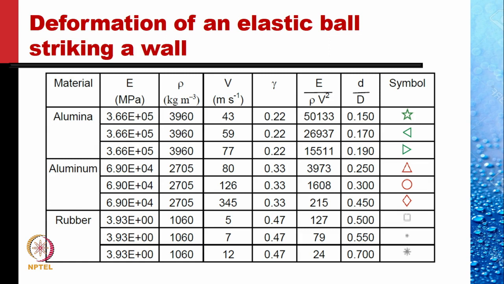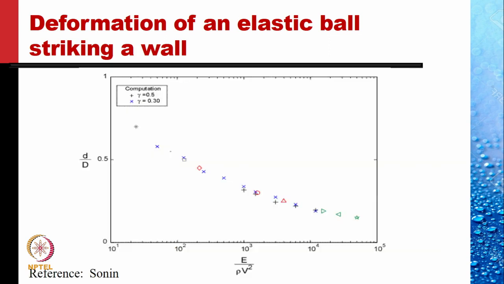He used three materials, steel, aluminum, and rubber. The values E, V are given. Each experiment was done with three velocities, and the value of the imprint diameter lowercase d divided by capital D was obtained. These were plotted with these symbols given on the right in this figure.